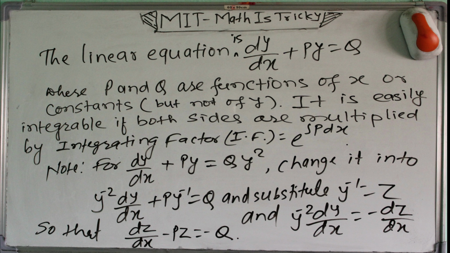If you put the value of 1 by y square dy by dx in the given equation, we get minus dz by dx plus p, because y power minus 1 is z, equals q. Taking minus common, we get dz by dx plus pz equals minus q, which is again in linear form, and we can easily integrate this. So this is about the linear form.